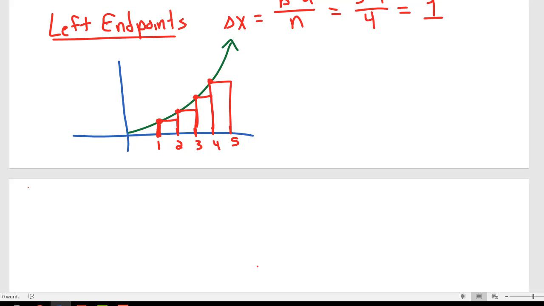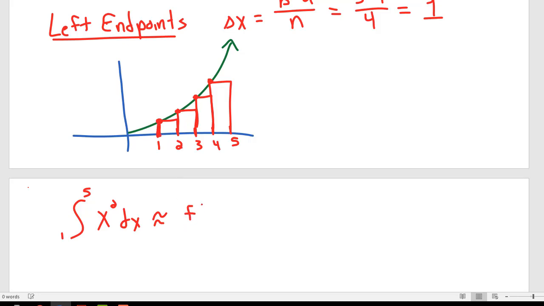So the integral that we're estimating is the integral of x squared. And we're going to calculate the height times the delta x for each of those rectangles. So we're going to say the integral of x squared dx from 1 to 5 is approximated by, so for each rectangle, we're going to have the height. So this first rectangle, the height was evaluated at x equals 1.